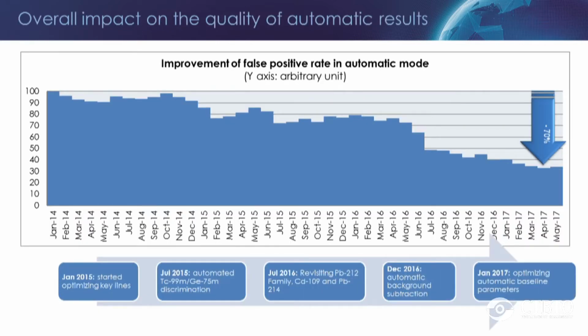Now, in terms of the bigger picture, this is from January 2014 until the previous month, May 2017. On the y-axis, we have the number of false positives, in normalized mode. The big picture is that we are now reporting 70% fewer false positives in automatic mode.